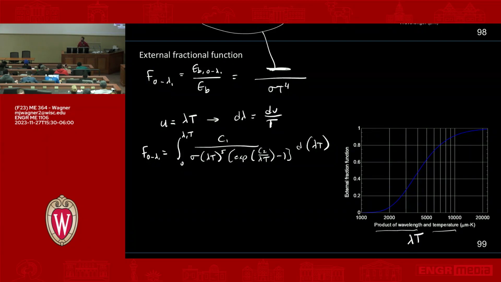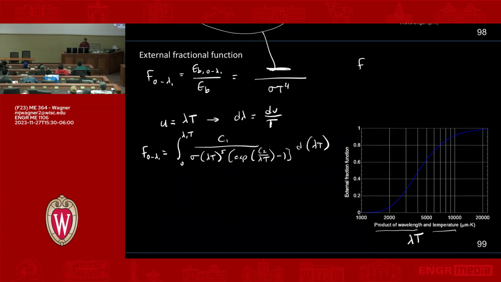If I'm going to use this, let's do a quick example here in the last couple minutes. Let's calculate the amount of radiation that falls in the visible spectrum from the sun. I want to figure out what fraction of the total light, the total power coming from the sun, can I physically see, if I have good eyes? That would be calling this external fractional function f.